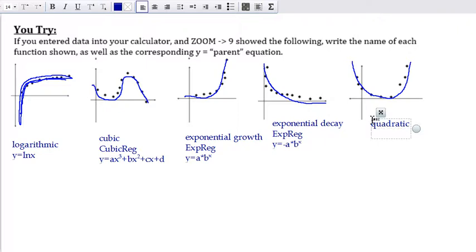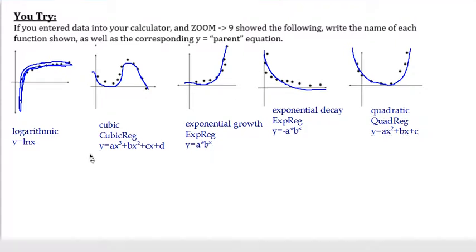Quadratic, you'll pick quadreg, and of course it will output y equals ax squared plus bx plus c. And again, any of these letters, the A's, B's, and C's, will all be provided to you by the calculator. The calculator will spit out what those A's need to be, so you just need to plug those in.